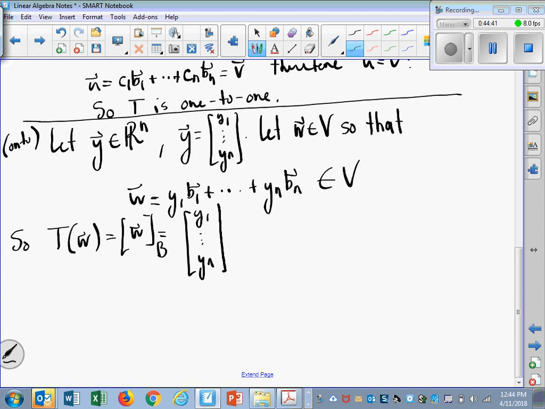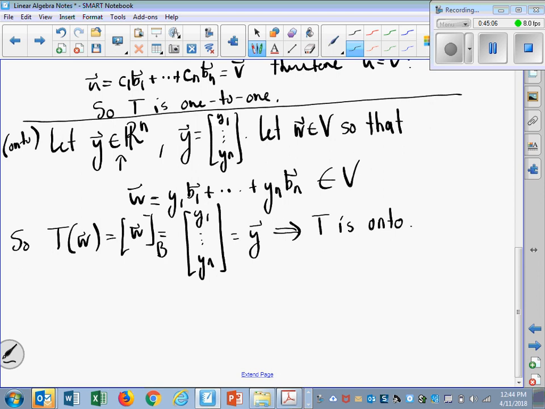So what that tells me is, therefore, that T is onto. Why is it onto? Well, we chose an arbitrary vector in the range. There was nothing special about y. I just chose a random one. And then I showed that there has to be a vector w that maps to that random one. In other words, the mapping covers the entire codomain.